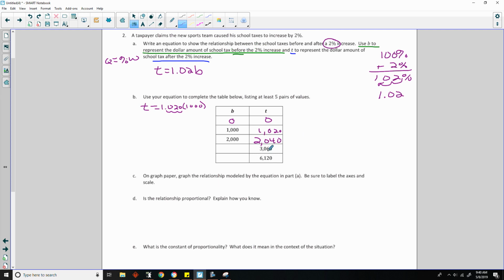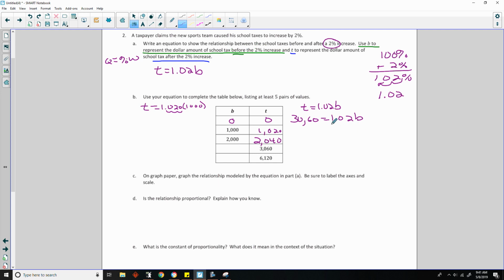Okay, now they gave me a t, and I have to find b. That's okay, and that's why equations are so handy, and that's why I always stress write an equation or a formula, substitute the givens, and solve. So t equals 1.02b, and here's my t. So I put it over here: 3,060 equals 1.02b.